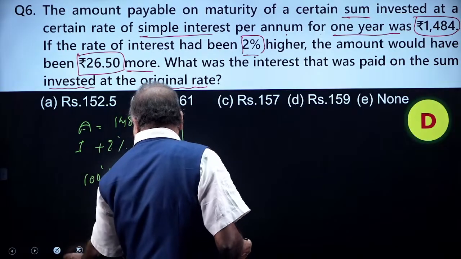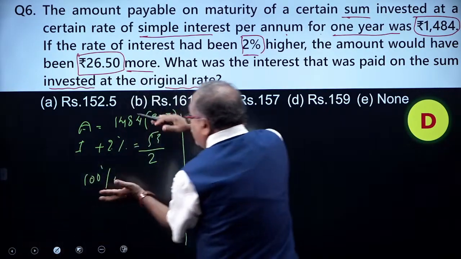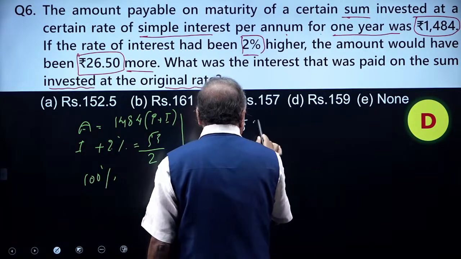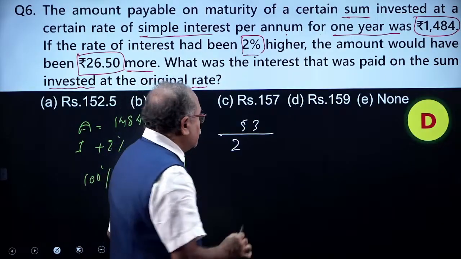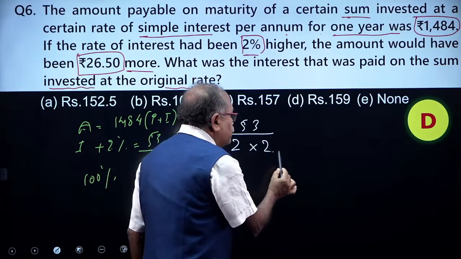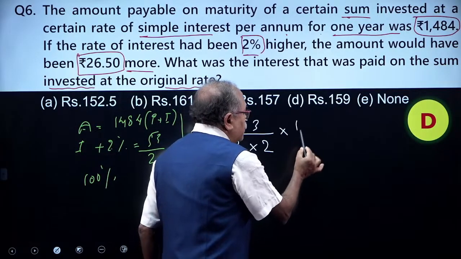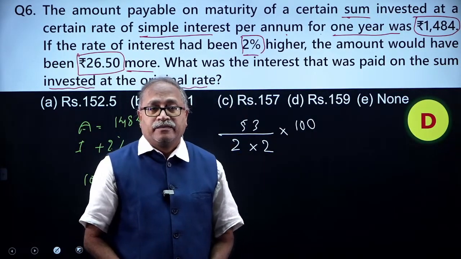What you might have done: this is 100 and this is what is already there in the question. This is 53 by 2, this is 2%. So, divide this by 2, I will get 1%. Multiply this by 100, you will get 100%, which is nothing but the principal.